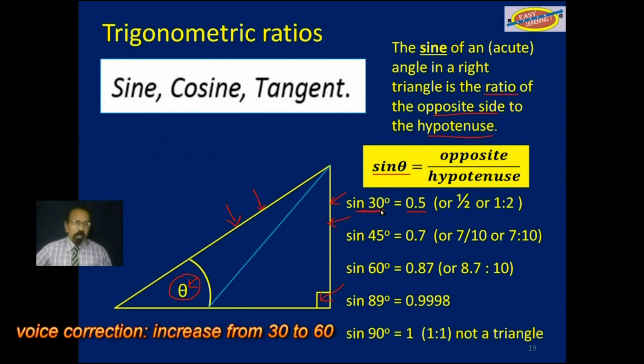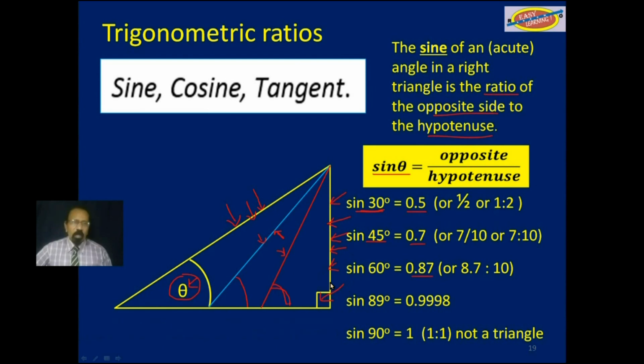If you increase that 30 degrees to say 45 degrees, and so the size of the opposite when compared to the hypotenuse at 60 degrees is 0.87. And if we take 89 degrees here, actually the two lines, the opposite and the hypotenuse, are basically the same. So the opposite is 0.9998 of the hypotenuse.